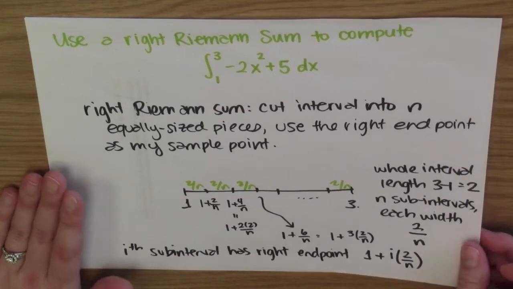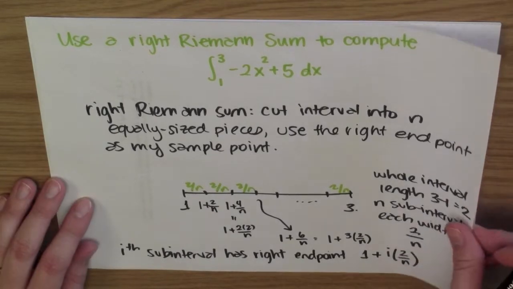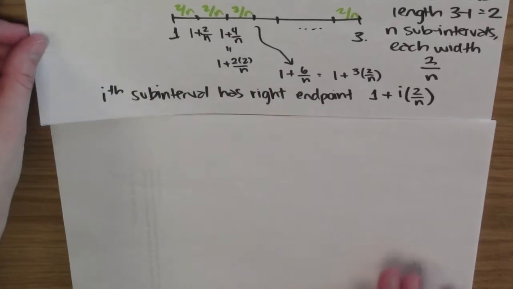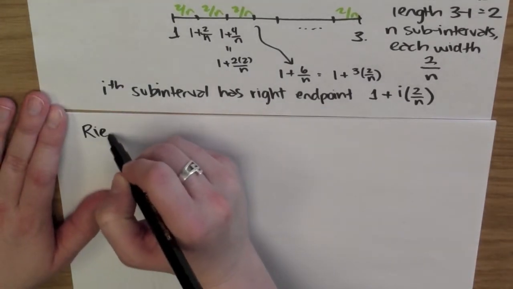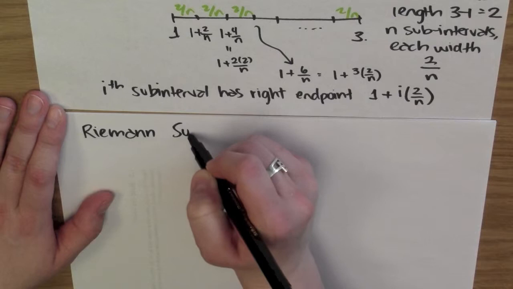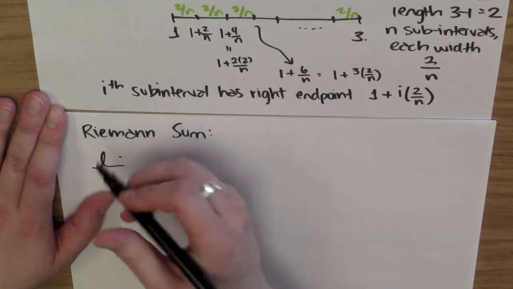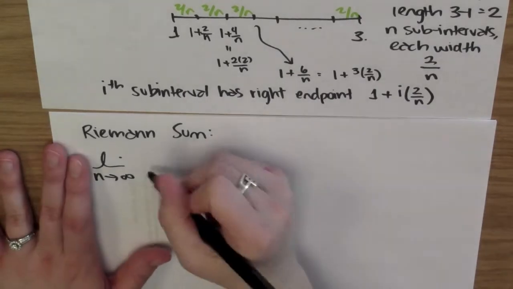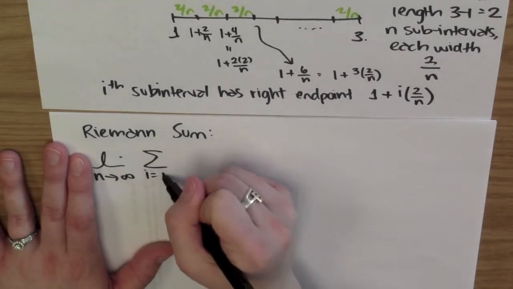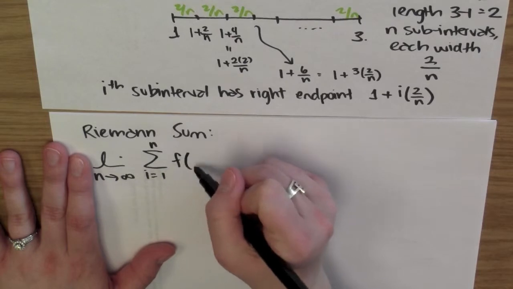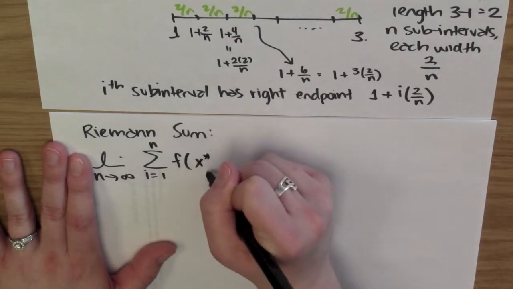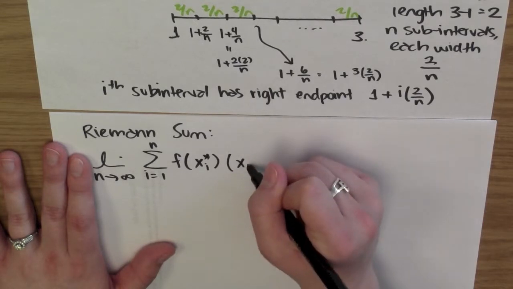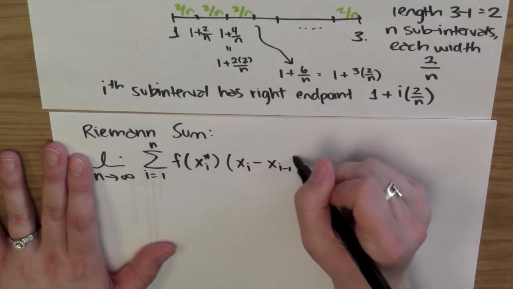All right. So now I want to write down my Riemann sum. So we know that the Riemann sum is given by the limit as n approaches infinity of the sum from i equals 1 to n of f at my sample point, x_i star, times the length of my subinterval, which is x_i minus x_{i-1}.